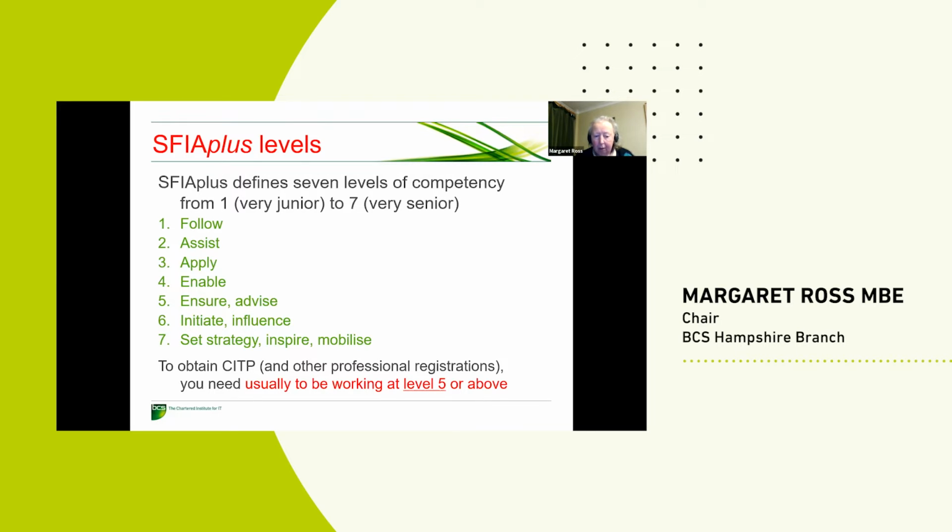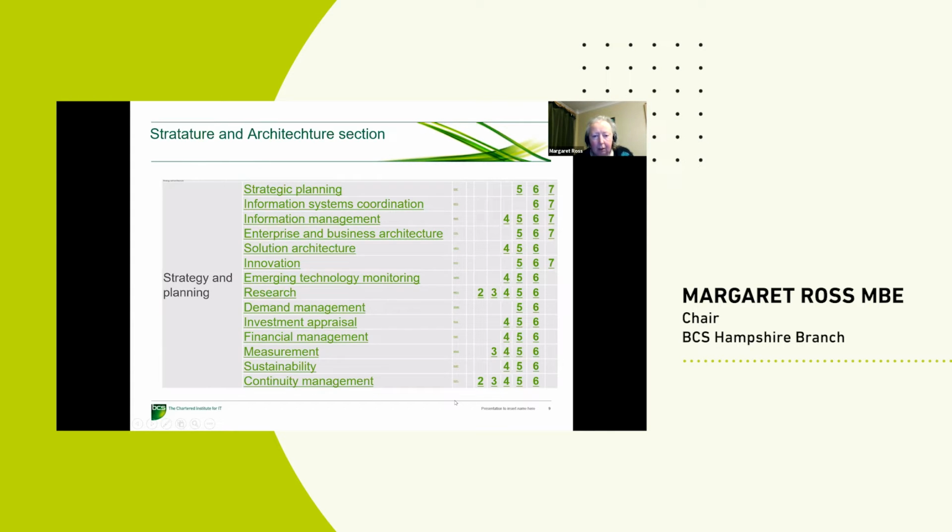At level 4, MBCS, I would expect you to know exactly what's going on in your department. Level 5, you're more involved with what your particular organization is doing, so you have an idea how it all sits together. At level 7, you're looking outside your organization, at the industry in your particular sector. So it gives you a feel of what you're expected to do at the different levels.